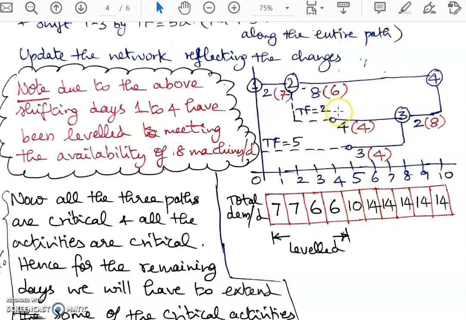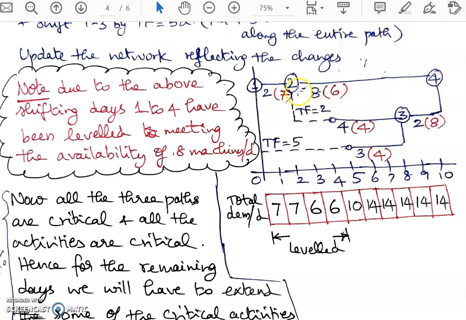As long as 2 4 is being done, I will not be able to execute 2 3 and 1 3 parallelly because of the increased demand. If I were to extend 2 3 and do 1 3 also, it will have an increased demand of 6 plus 4, 10 machines per day. So I cannot carry out 2 3 and 1 3 as long as 2 4 is being done.